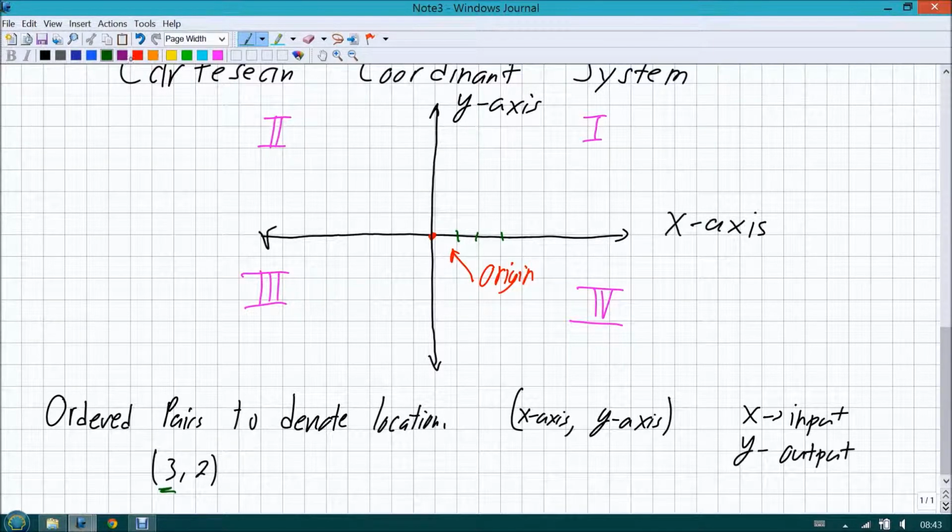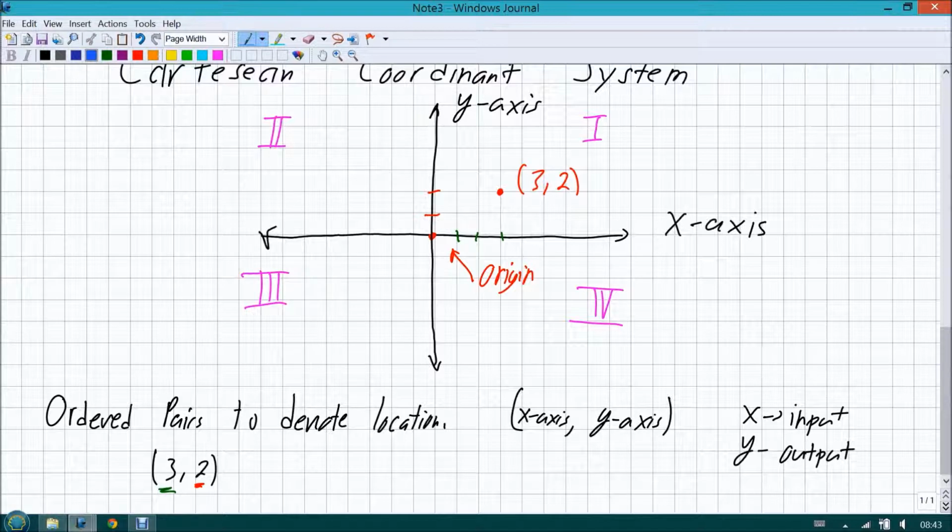Then comes the second point. The second point is 2. So that tells me that I go up 2 on the y-axis. 1, 2. And there's my location. Here I've gone 1, 2, 3 to the right, as per my instructions, and then up 2. So this would be the Cartesian coordinate point 3, 2.